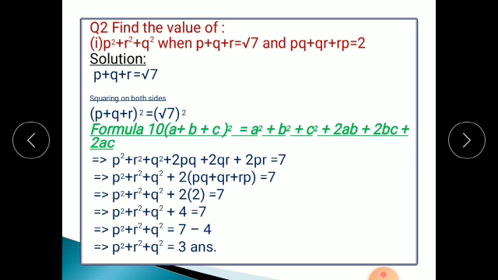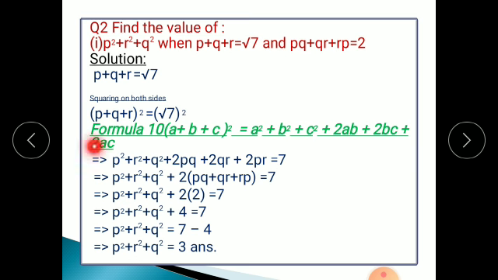Okay, so in the solution we have here p plus q plus r equal to under root 7. Now squaring on both sides, I have squared both sides, means p plus q plus r whole square equal to the square of under root 7.